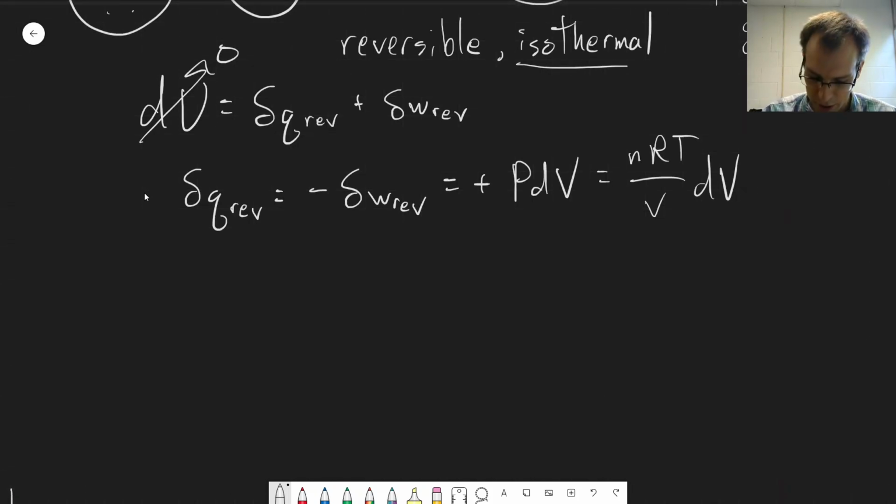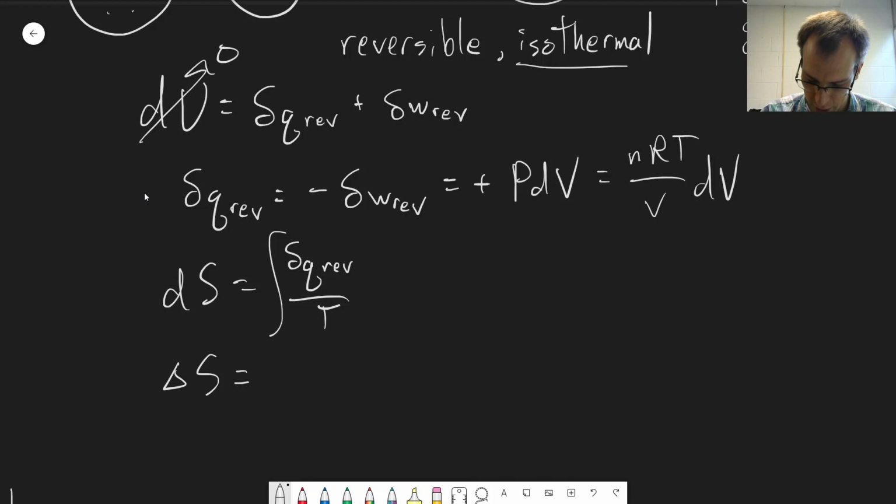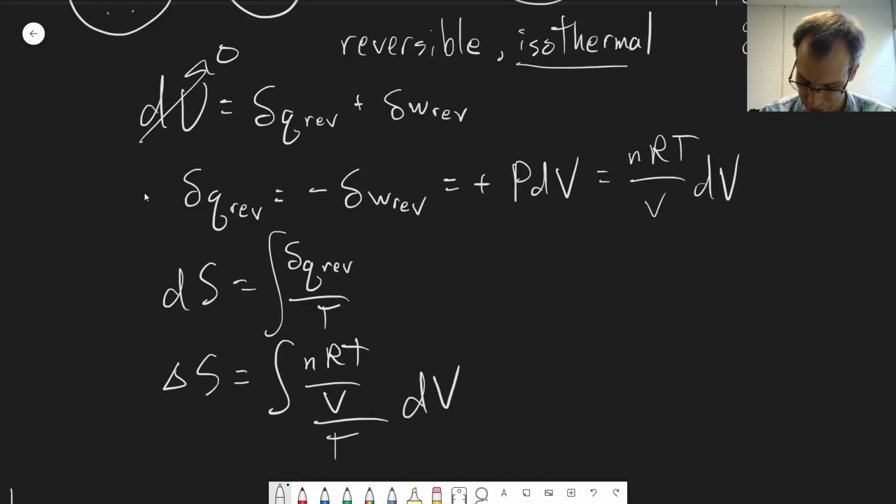So then we can substitute that into the definition of dS equals dq reversible over T. If we want delta S for this process, we need to integrate this. So integrate nRT over V over T dV. The temperature is going to cancel.